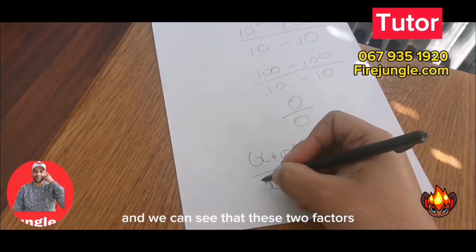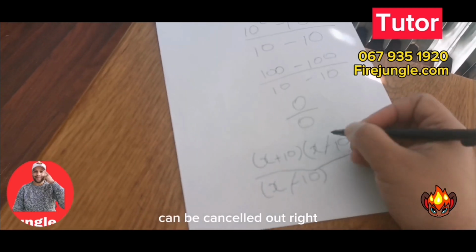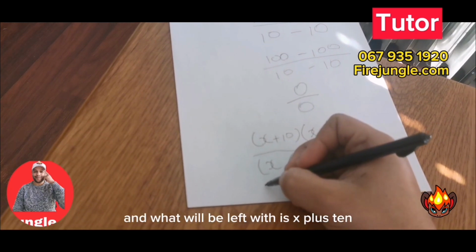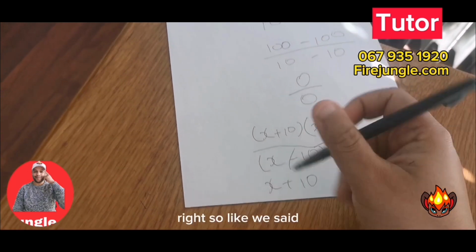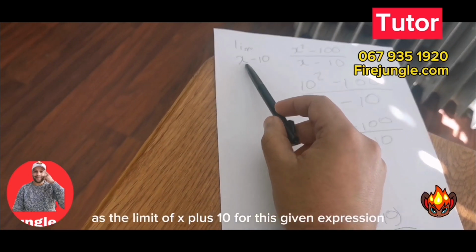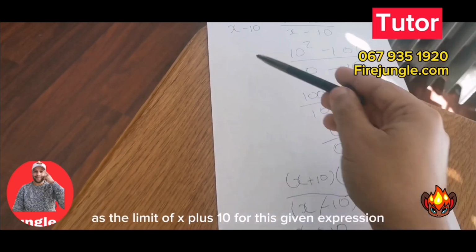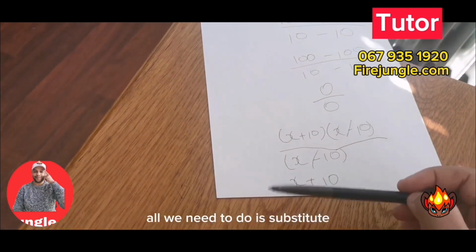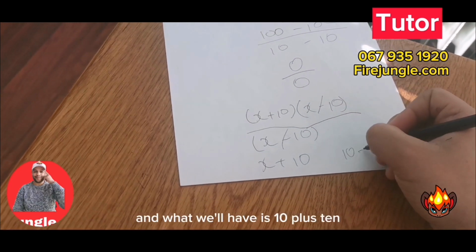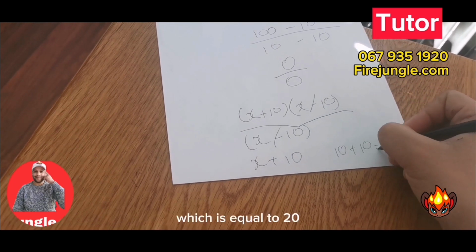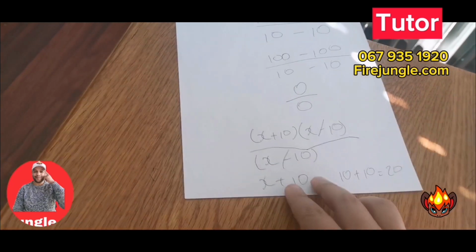And we can see that these two factors can be cancelled out, right? And what we'll be left with is x plus 10, right? So like we said, as the limit of x tending to 10 for x plus 10, all we need to do is substitute 10 into x, and what we'll have is 10 plus 10, which is equal to 20, right?